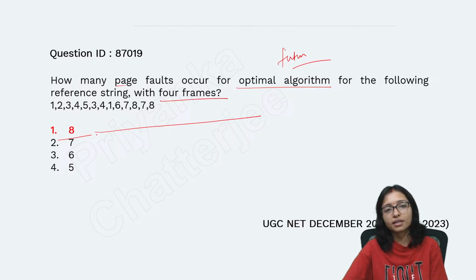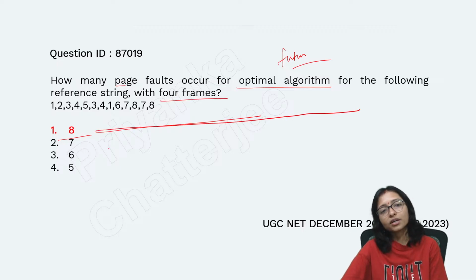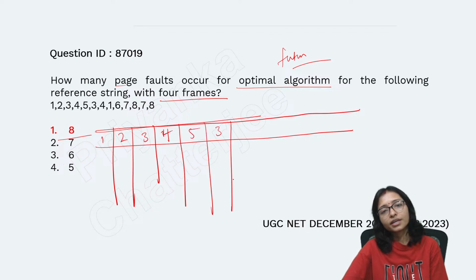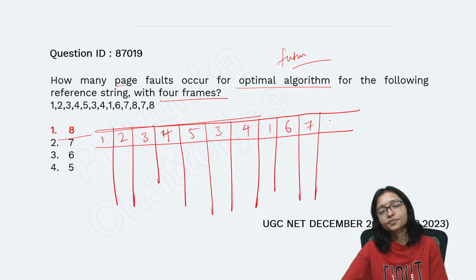You can see 4 frames are there. So we will do it like this, with 4 frames: 1, 2, 3, 4, 5, 3, 4, 1, 6, 7, 8, 7 and 8.